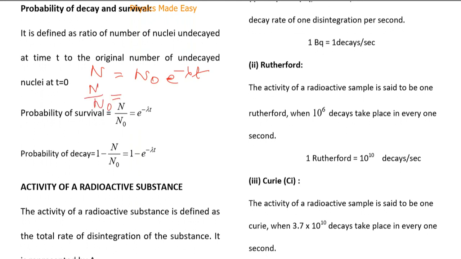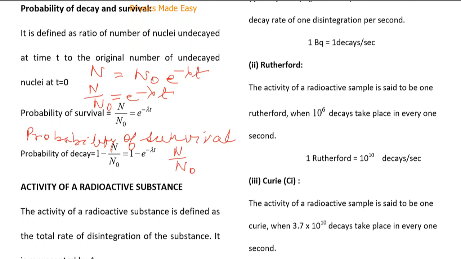N by N naught is equal to e raised to power minus lambda t. This is the probability of survival.